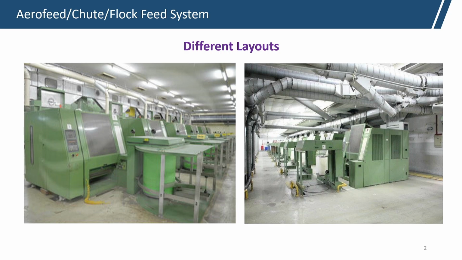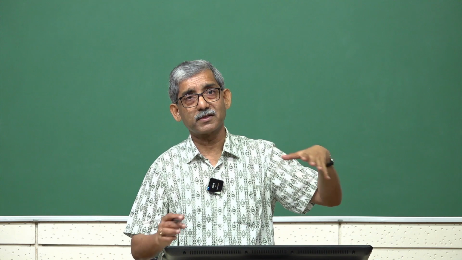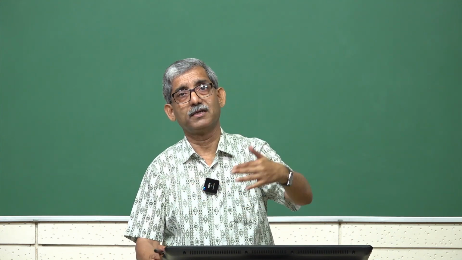Directly from the blow room, the fibers are transported through different lines, air ducts, and these air ducts carry the opened fiber and supply it to the individual cards. During this fiber movement, it is very important to control it so that the fibers are uniformly supplied to all the cards in that line.